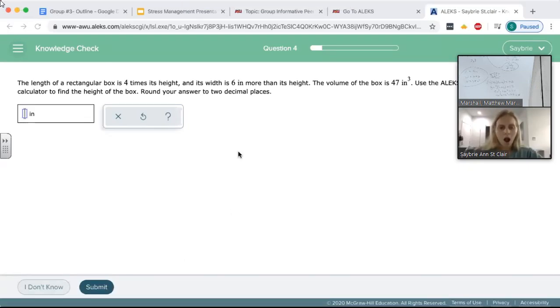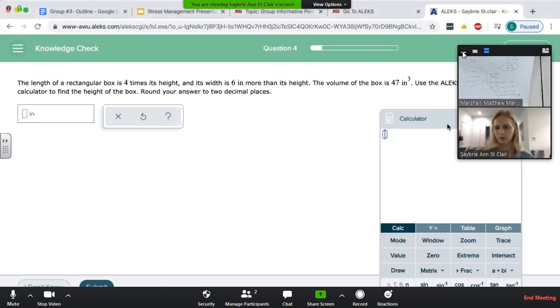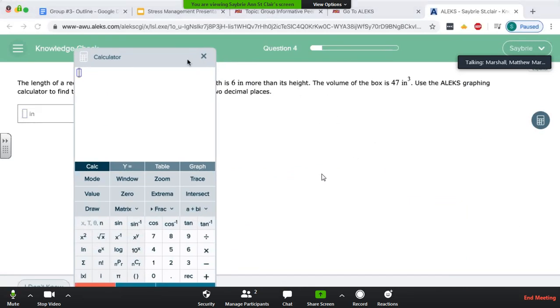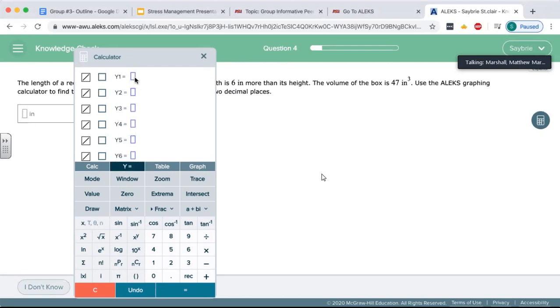Oh, it wants us to solve it. Shoot, how did... Okay, you got that? So that would be y equals, and then that's 4x squared. We'll just use x. I'm sorry, 4x to the third.